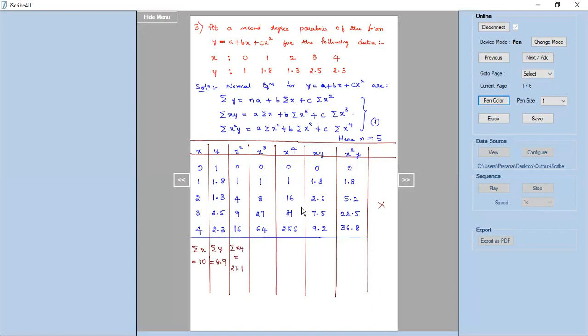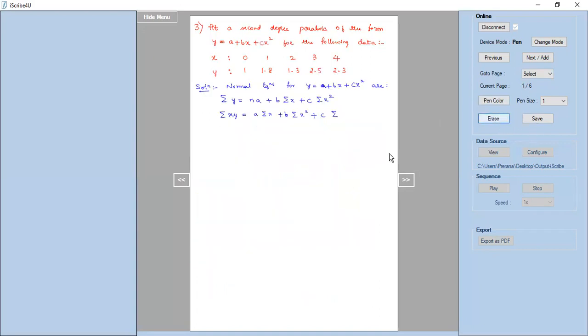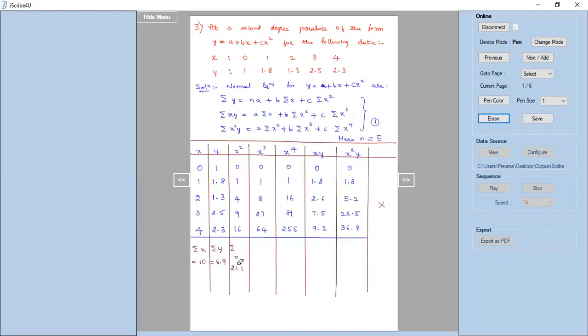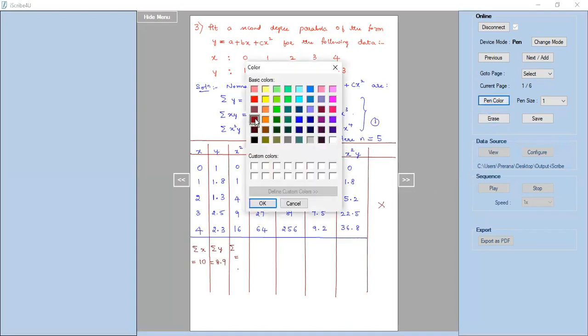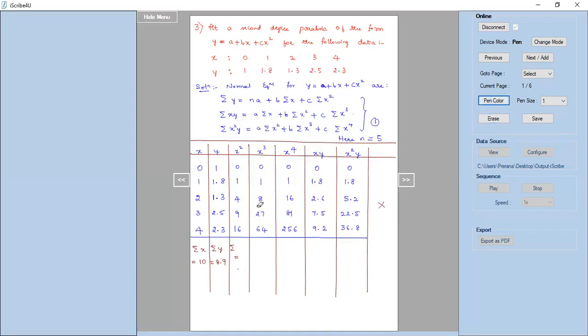Then, this is summation x square value. So we have to write down summation x square value here.